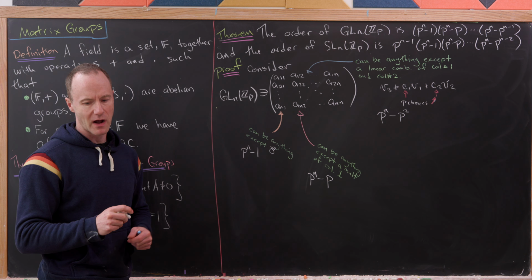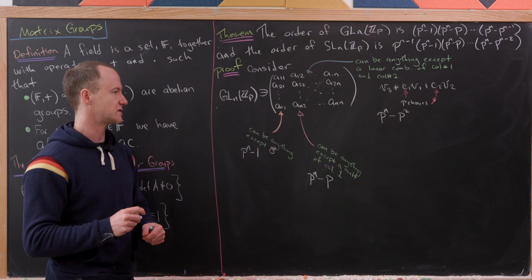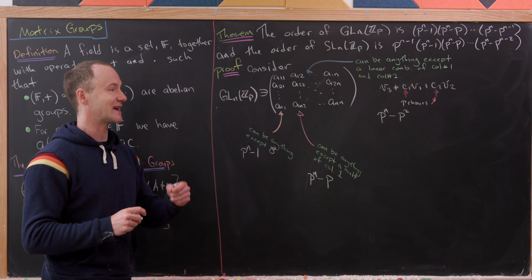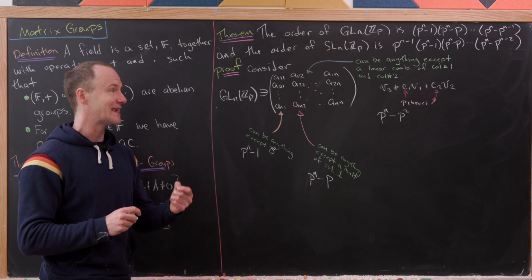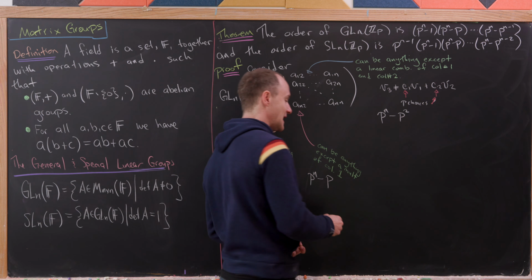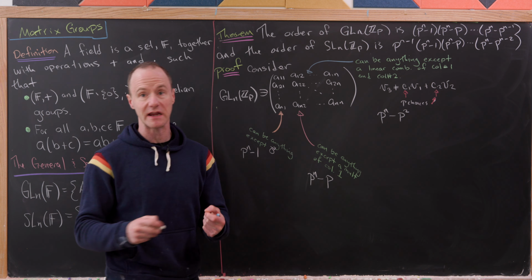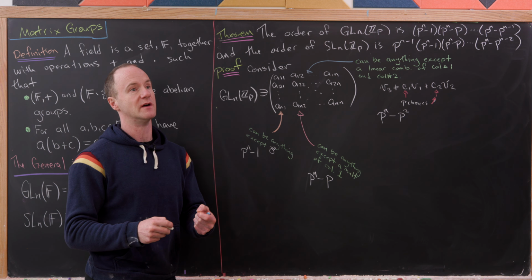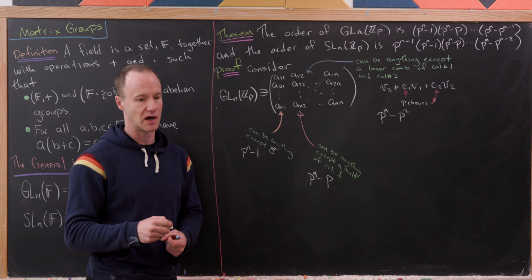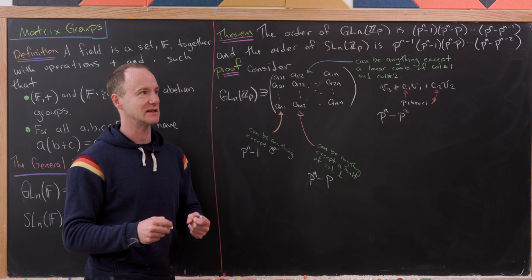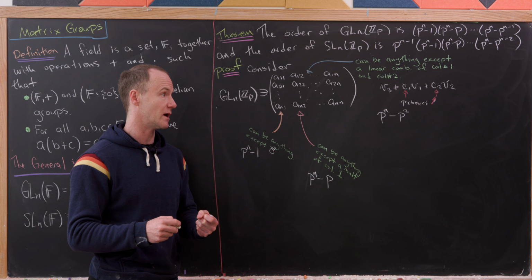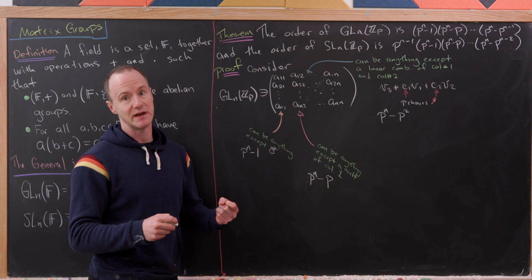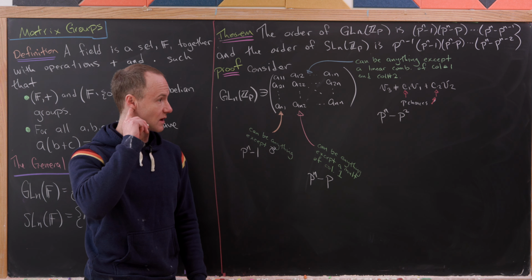And now I think you can probably see where this goes. So if we are in the kth column, the kth column can be anything except for a linear combination of the previous k minus 1 columns. But there are going to be exactly p to the k minus 1 linear combinations of the previous columns.